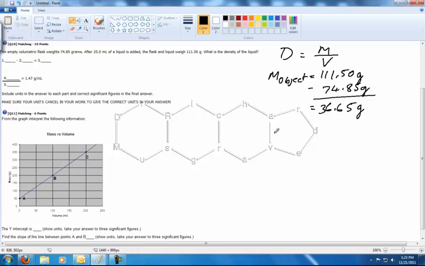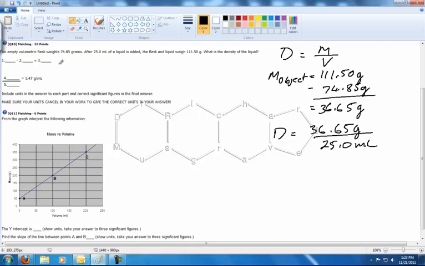So now when we go ahead and get the density, it's going to be the mass divided by the volume, and the mass is going to be our 36.65 grams, and the volume here is 25.0 milliliters. It's important to get the correct number of significant figures at this point because we're mixing operations.